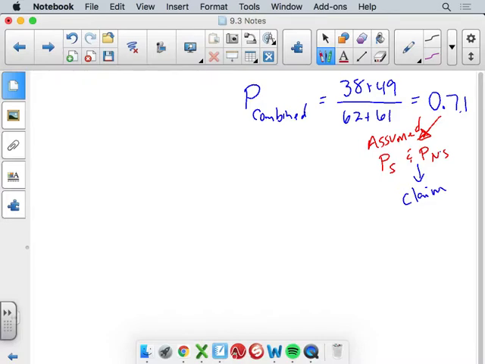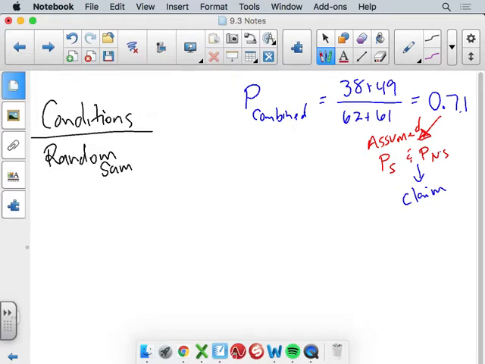Okay, I'm not going to be lazy on this one. I'm going to do my conditions to set a good example, because we have to write them, because they're on every rubric. But they're really easy. Do you have random samples?